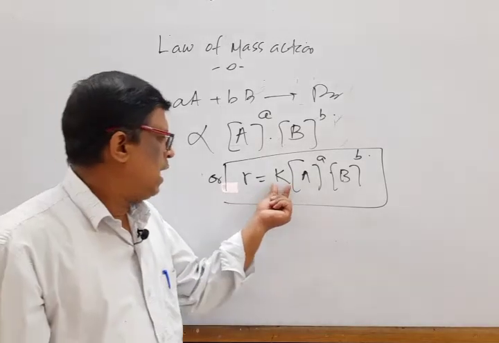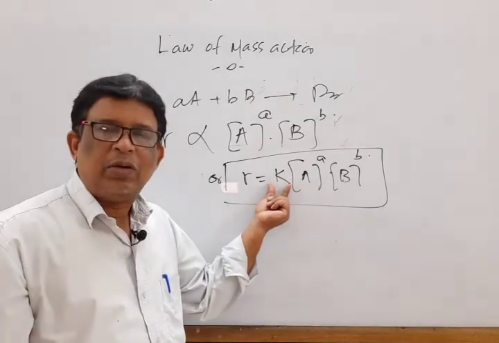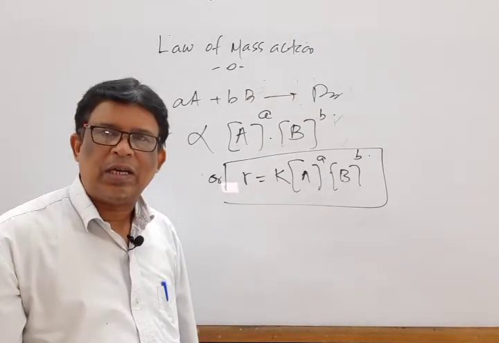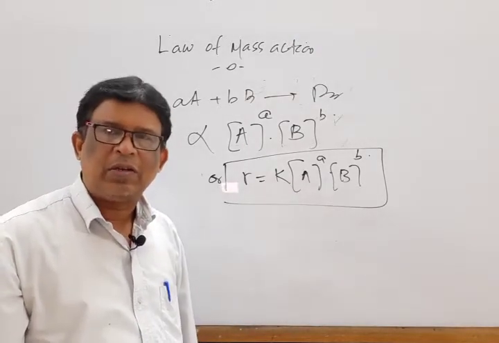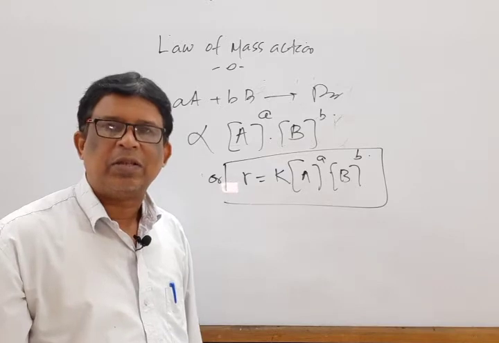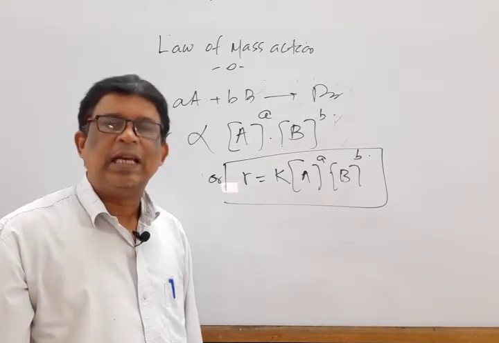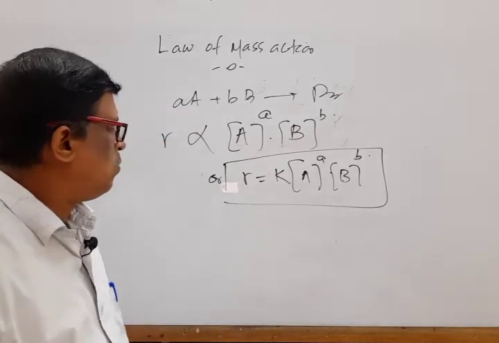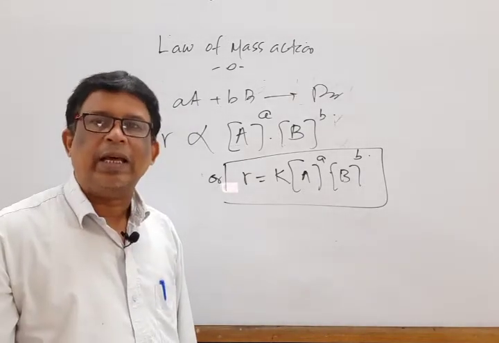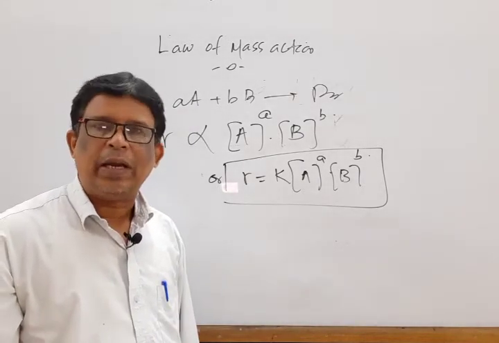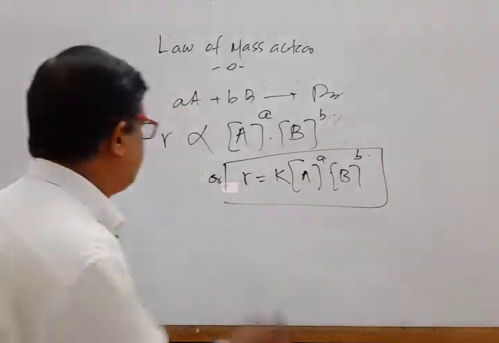And this k is a proportionality constant known as the rate constant, or velocity constant, or specific reaction rate. Then we derive another term that is known as the law of chemical equilibrium. Mark that.